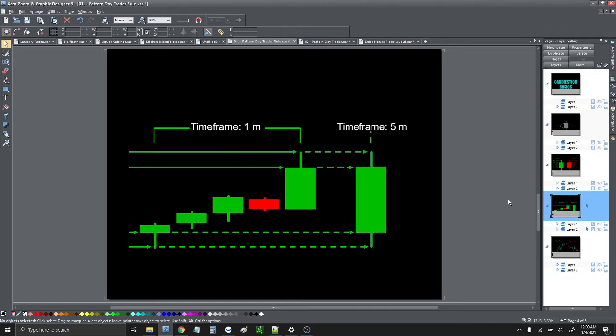So 5 1 minute candles equals 1 5 minute candle, and the opening price of the first candle in that time span, and the last price for that candle is going to be the open and close. The ranges that it traveled is going to be the lows and the highs, and vice versa for a red candle, right? So these two are equal.